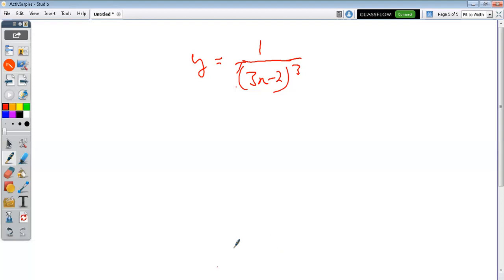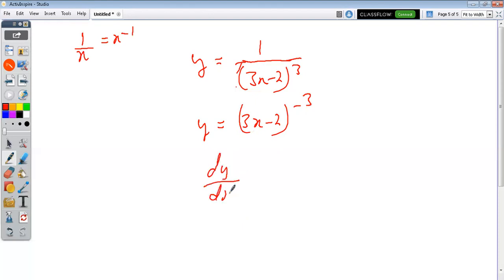So to be quick to differentiate this, we have to remember if we say 1 over x in math is the same as x to the power of minus 1. Same approach here. So this is y is equal to (3x minus 2) to the power of negative 3. So dy over dx, remember, just think of this as y is equal to u to the power of minus 3.